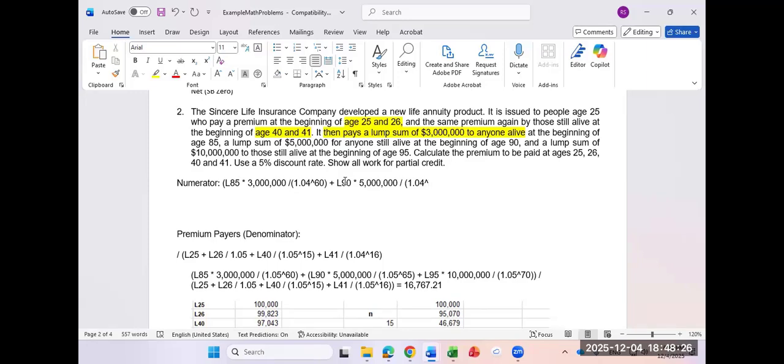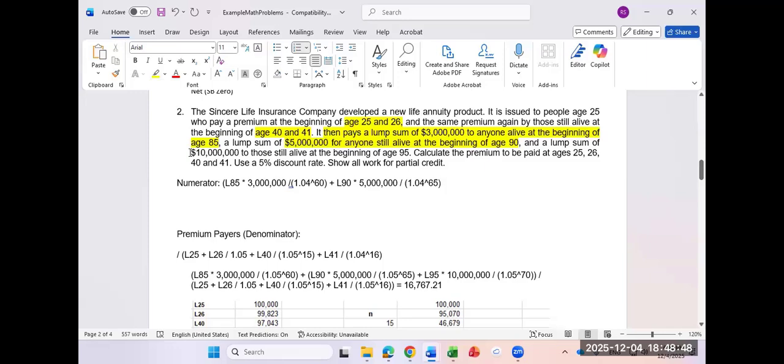Everybody's got it? All right, I'll say it together as a class. What is it? 65. I heard Nathan's voice, but the rest of y'all are thinking that, right? He's an actuary major, he's supposed to know it, but the rest of y'all, you're going to have to know it too.